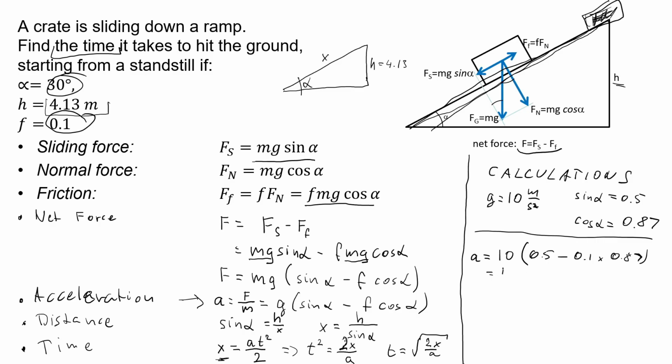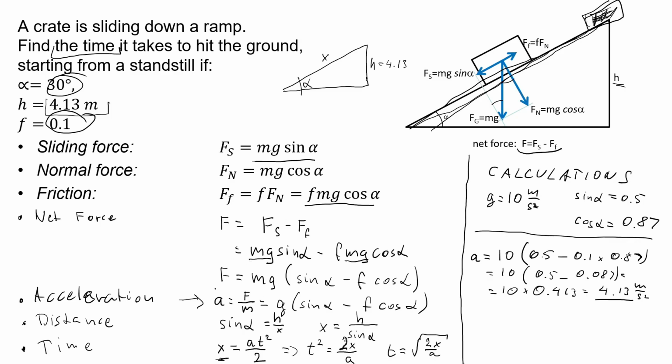So this is equal to 10 times 0.5 minus 0.1 times 0.87, which is 0.087. So this is 10 times 0.5 minus 0.087, which is 0.413, multiplied by 10 is 4.13 meters per second squared. This is the acceleration with which our crate is sliding down the slope.